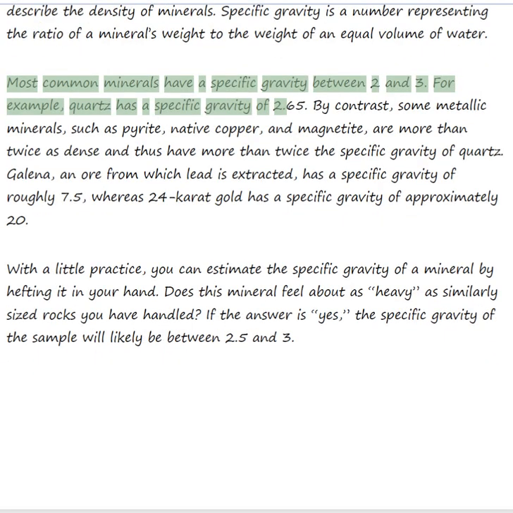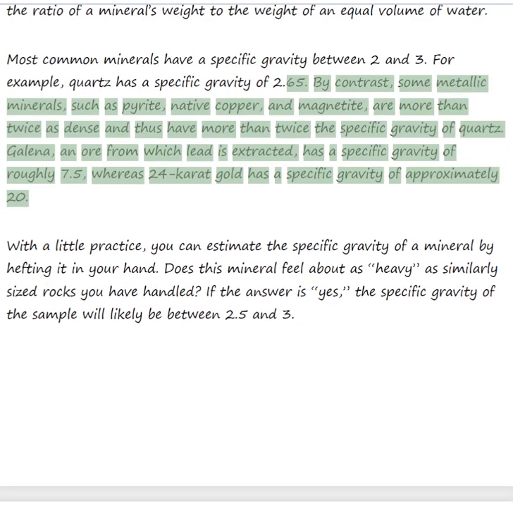Most common minerals have a specific gravity between 2 and 3. For example, quartz has a specific gravity of 2.65. By contrast, some metallic minerals, such as pyrite, native copper, and magnetite, are more than twice as dense and thus have more than twice the specific gravity of quartz.